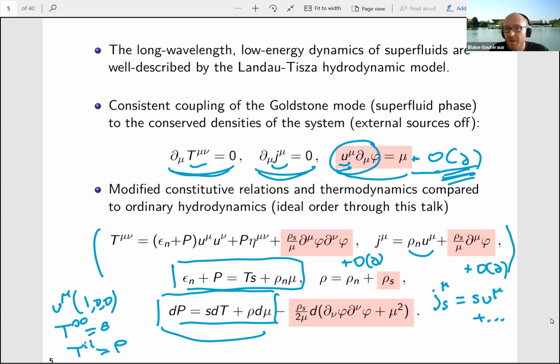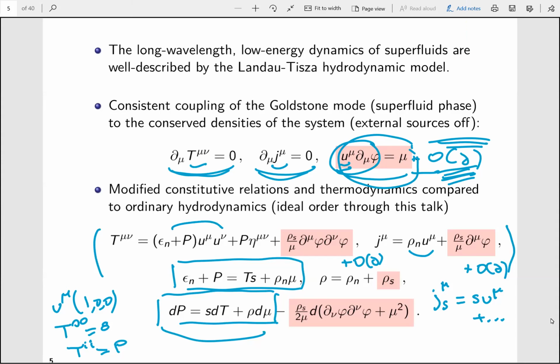So I agree that changing your definition of u^μ will change the constitutive relation and this equation will look different, but it will look different in the sense that the terms that you need to add will look different depending on your choice of frame. Okay, but the ideal part is not going to change, exactly in the same way that the ideal parts here do not change. Yeah, sure, of course, yeah.